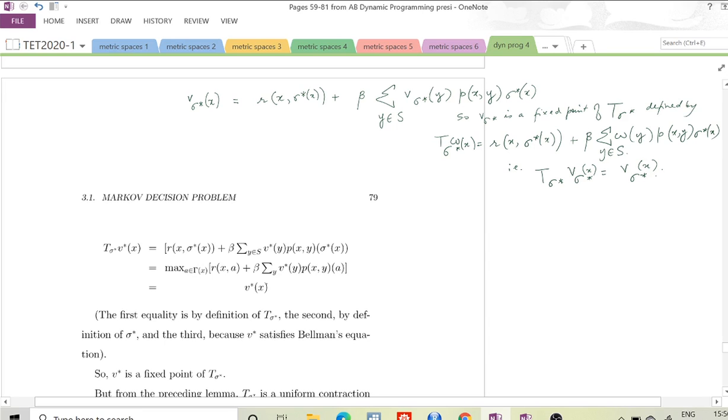In other words, V star is a fixed point of T sigma star. But Lemma 3 already showed that for any stationary policy sigma, and therefore for sigma star here, T sigma star has a unique fixed point, and that's V sigma star. So V sigma star and V star must coincide. They must be the same function.